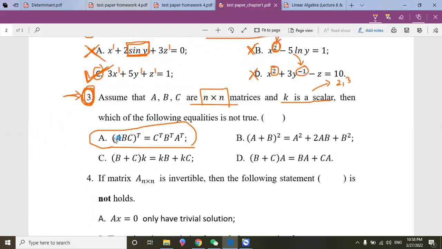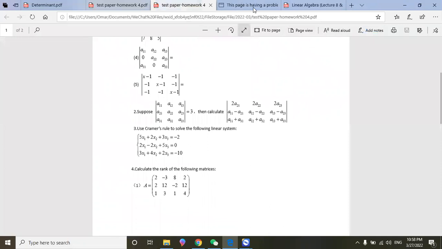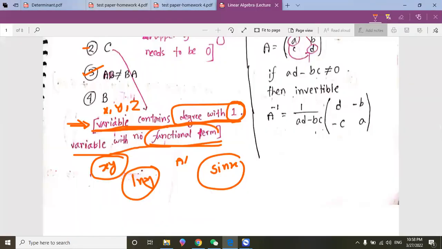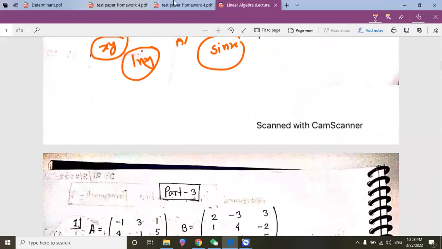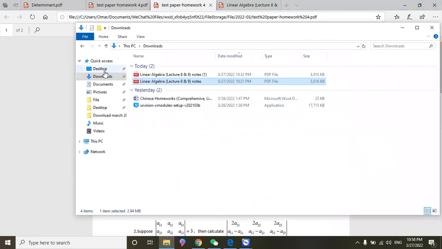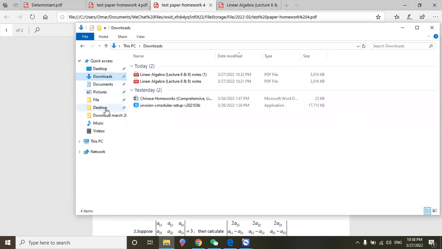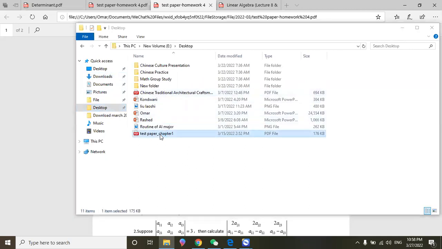So let's see the next one. If matrix A, n by n, is invertible, then here is the question.